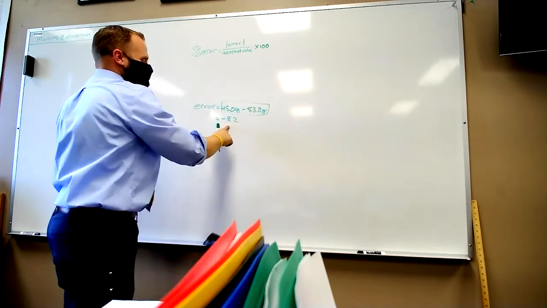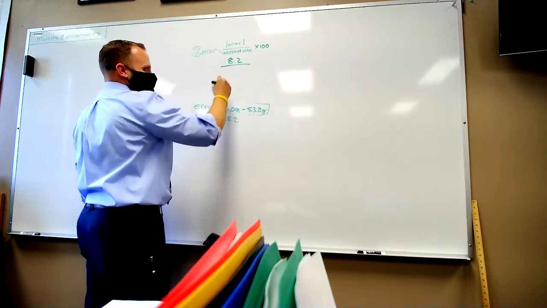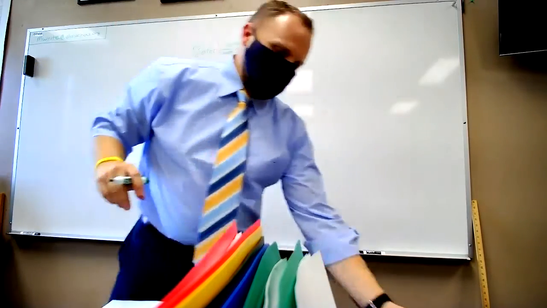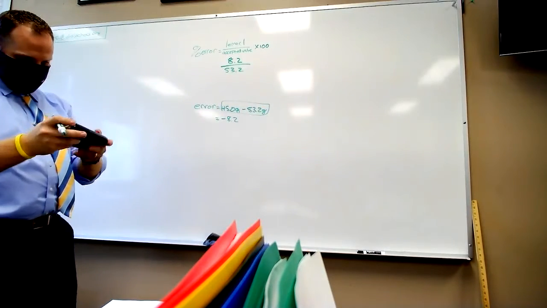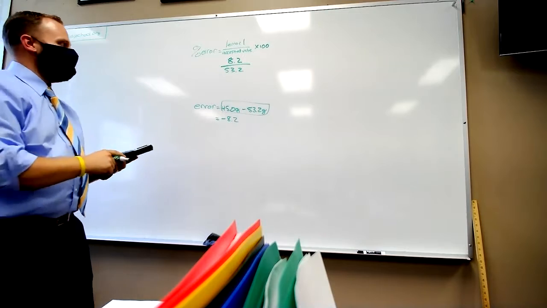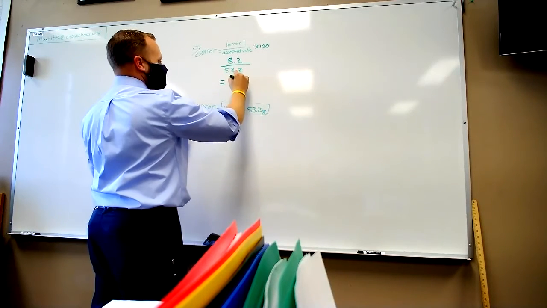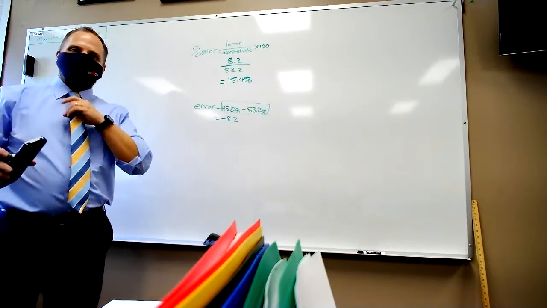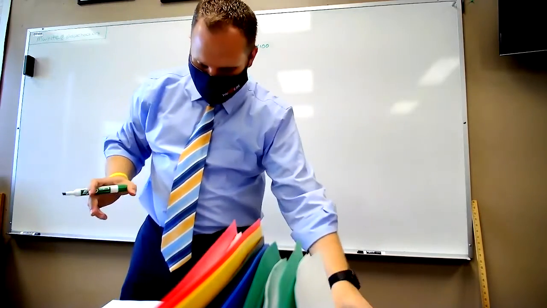So in this example, we take 8.2 and divide it by 53.2, which then gives us a value of 15.4%. Okay, so we were off by 15%, which is quite a bit.